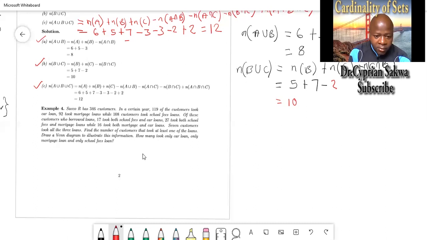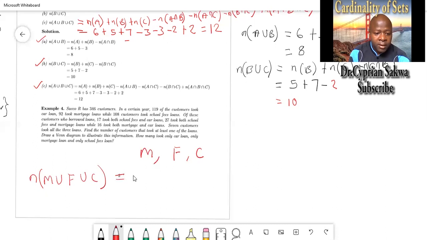Now, we have mortgage, we have fees, and we have car loans. These are 3 sets. So we want those that took at least one of the loans. That means we are looking for the number of elements in mortgage union fees union car.